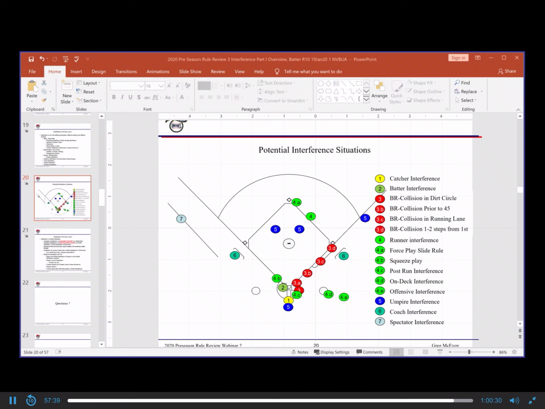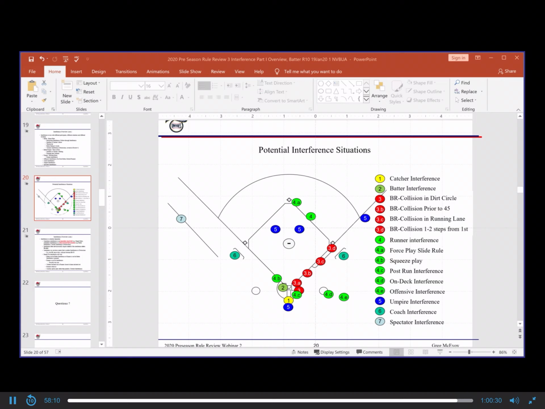It's preferable for them to vacate, particularly when there's a runner on second and he's rounding third, coming home. For whatever reason, the batter's still there. You tell the batter to get the heck out of the way. But if it's a squeeze play at third, the opportunity to vacate would be slim to none. If he can, great. But the batter can freeze so long as he does not interfere, and that's a judgment call that you're going to have to make.